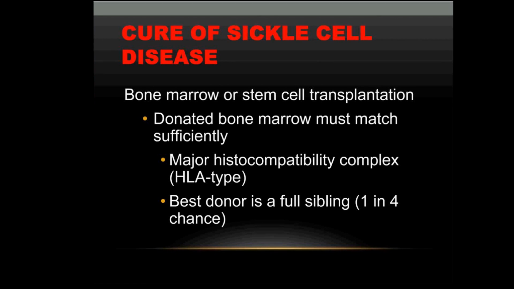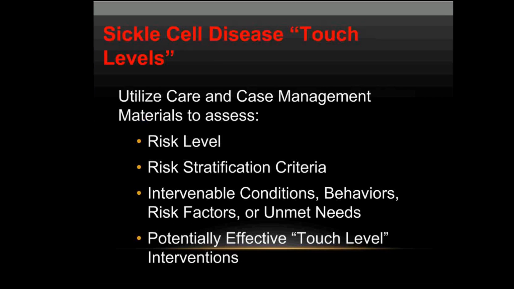It is okay to use somebody with sickle cell trait for this transfer, but it's best to use somebody that does not have sickle cell disease at all. Now, the donated bone marrow must have a good match, and of course that's looking at the HLA types, and the best donor is a full sibling.